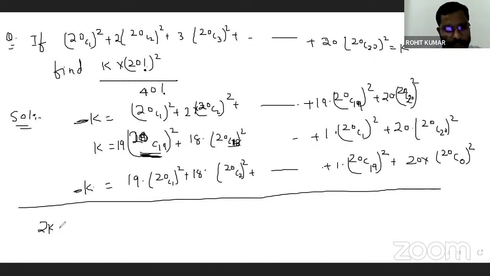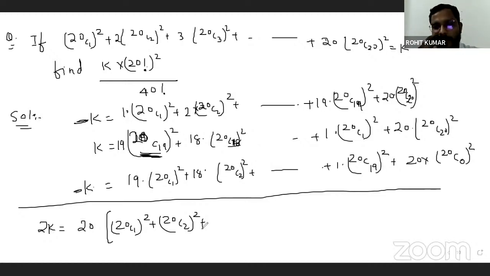K plus K, 2K, is equal to 1 plus 19, that is 20 times 20C1 square, 20C2 square, going up to 20C20 square, which is coming from here, and then 20C0 square is also there.